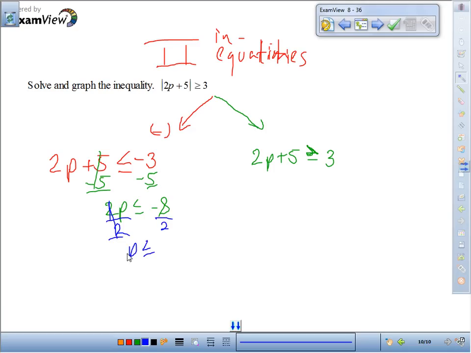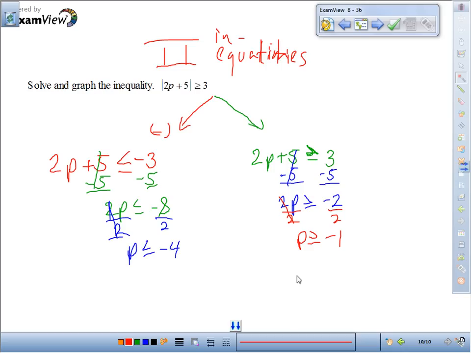P is less than or equal to negative 4. Look at this one. Minus 5 minus 5. 2p greater than or equal to negative 2. And at the end, we divide by 2, divide by 2. P is greater than or equal to negative 1.